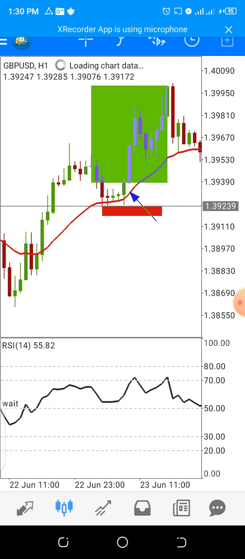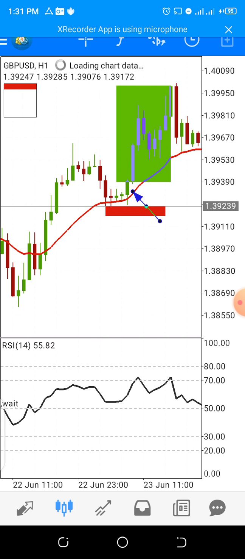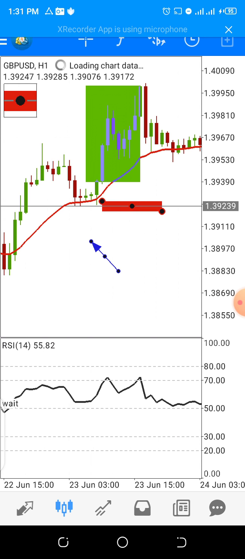No complications here. I mean, no complications at all. This is your entry, and this is your stop loss. This is your stop loss below the wick.